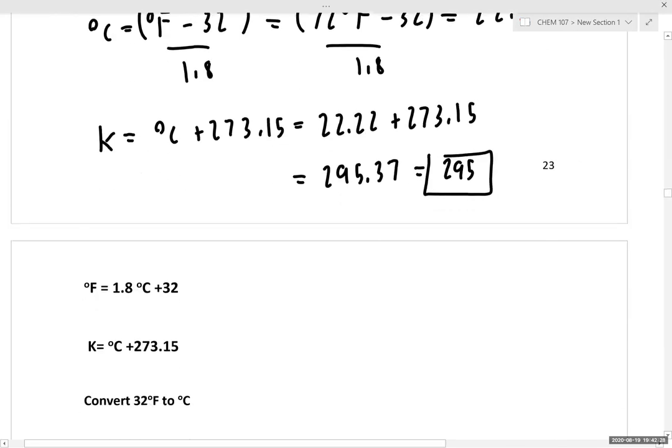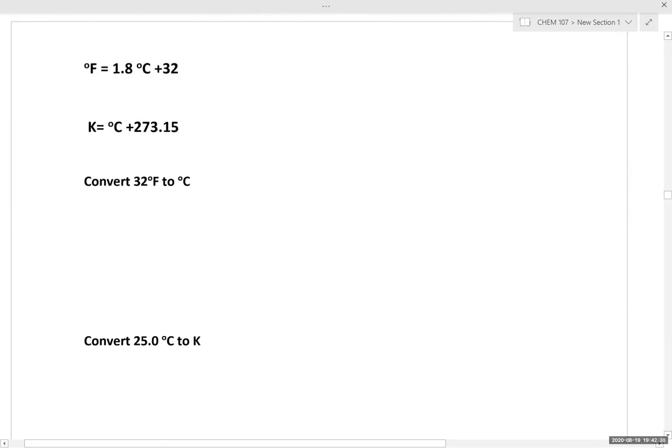If not, let's apply what we've learned, and I'll provide you the Celsius conversion. So the degrees Celsius is equal to the degrees Fahrenheit minus 32 over 1.8. And I'd like you to now work on the following two examples. I'd like you to convert 32 degrees Fahrenheit to Celsius and 25 degrees Celsius to Kelvin.